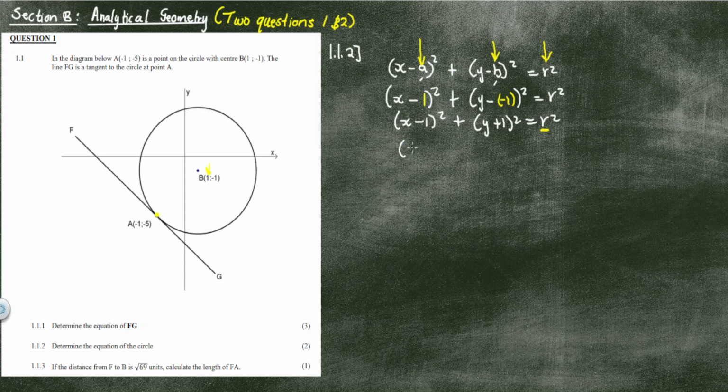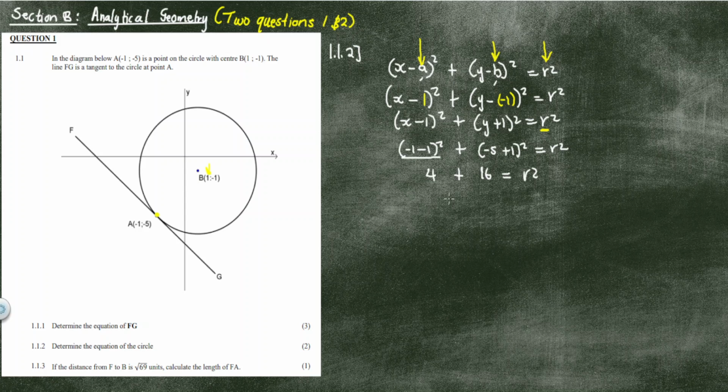You substitute the coordinates of A. What is the x value of A? Minus 1. So it's minus 1 minus 1 squared plus then y, it's minus 5, so minus 5 plus 1 squared is equal to r squared. So it's minus 2 squared. I'm going to simplify this. Minus 2 squared is 4 plus minus 4 squared, that's 16.